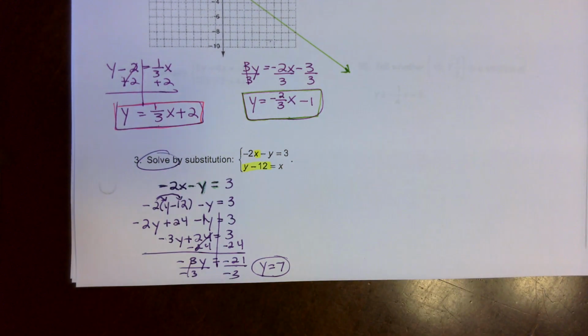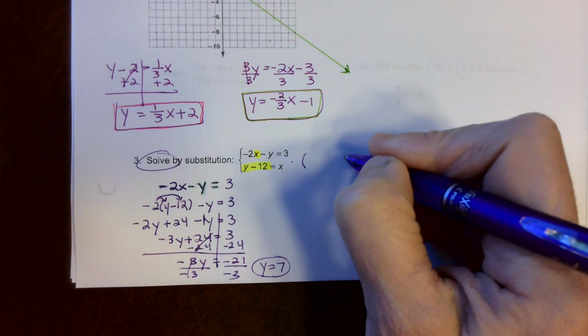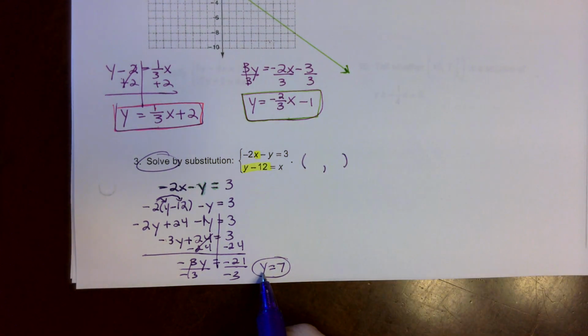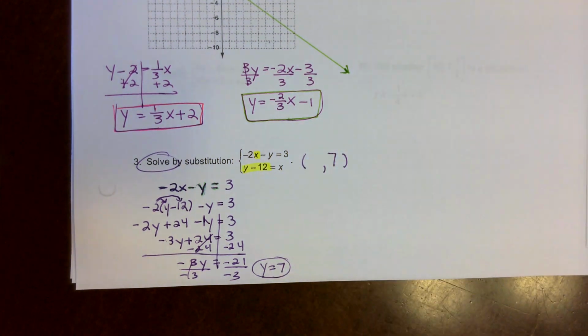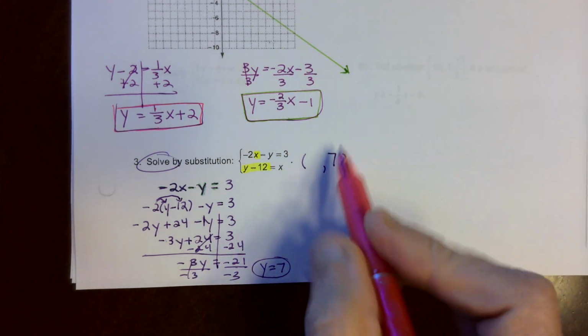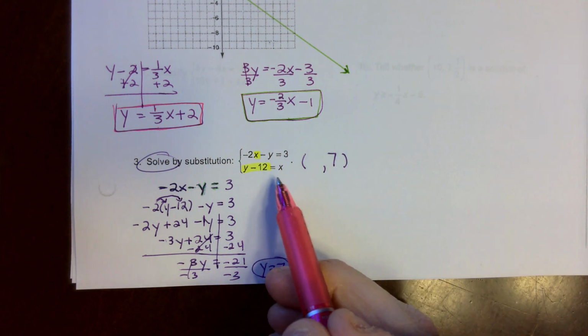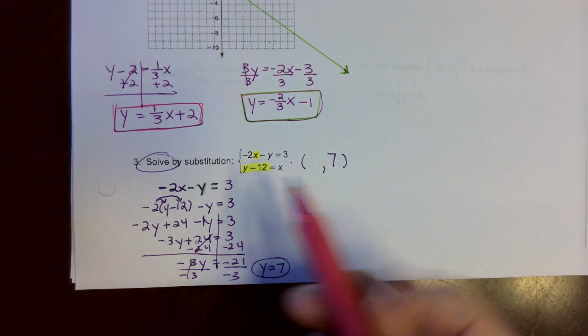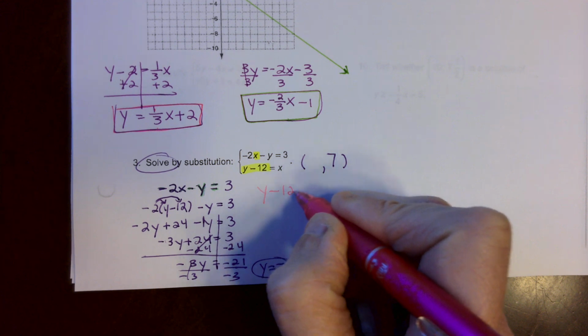Not done. The solution is a coordinate, but I have to be careful because this is a y, so don't accidentally put it in the wrong spot. That's my y. And now I just need to take my bottom one here. Well, you can take either one actually. I just see that x is equal to this, so it looks super easy to substitute.